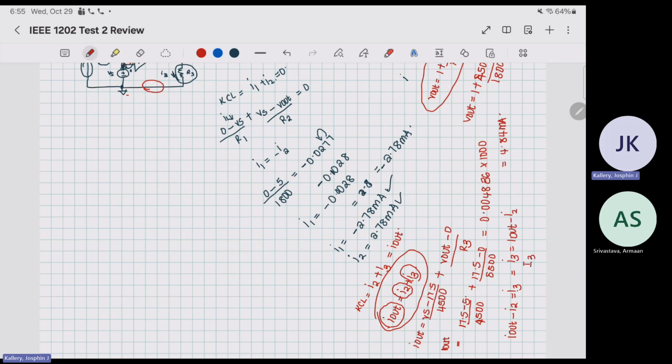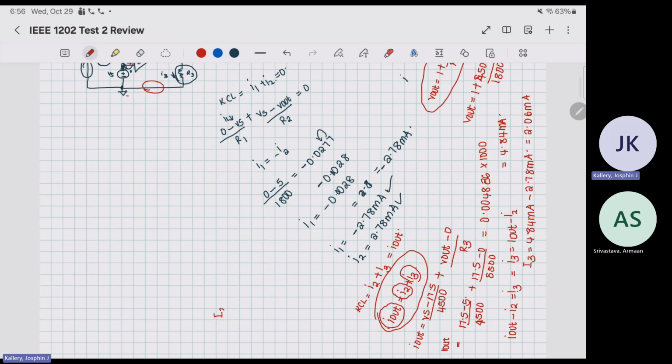What did we get for our I out? 4.84 milliamperes minus I2, what did we get for I2? 2.78 milliamperes, right? So 4.84 minus 2.78, we get 2.06 milliamperes for our I3.